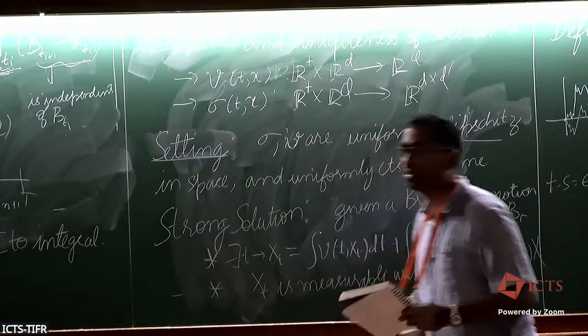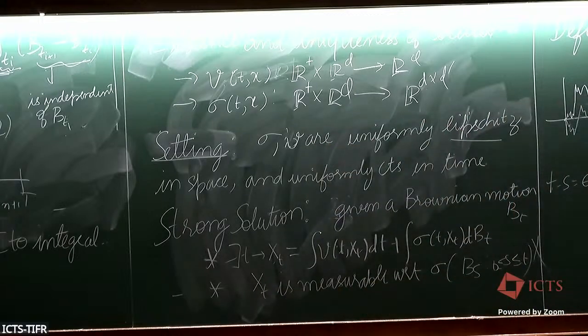So it's more like you give me a Brownian motion and I'll give you an adapted solution. But for a weak solution, I'll give you a trajectory and a Brownian motion such that this holds, but I cannot give you a solution to the given Brownian motion.